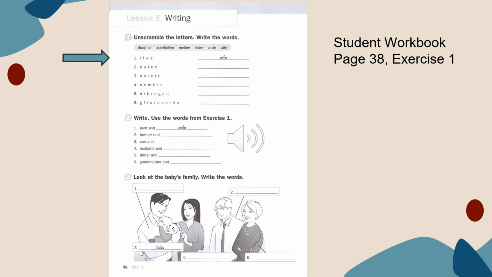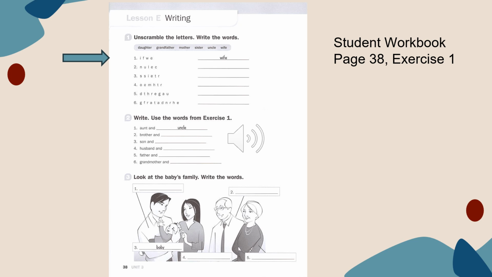See, the first one is I-F-W-E. Well, that certainly wouldn't be daughter, grandfather, mother, sister, or uncle, but if I unscramble it, I have wife, and I would mark through wife up there. So what does N-U-L-E-C spell?